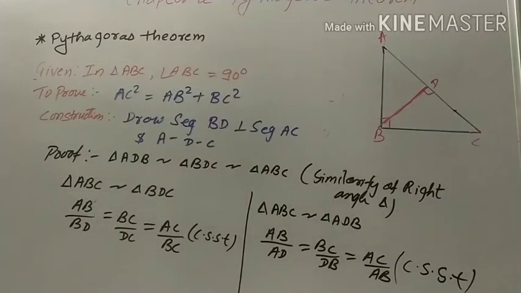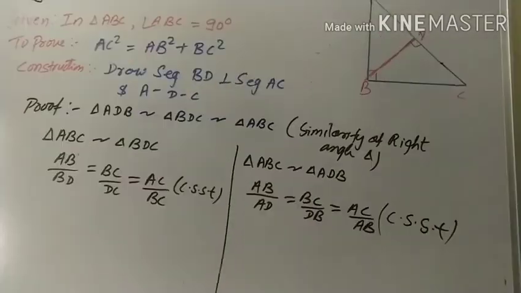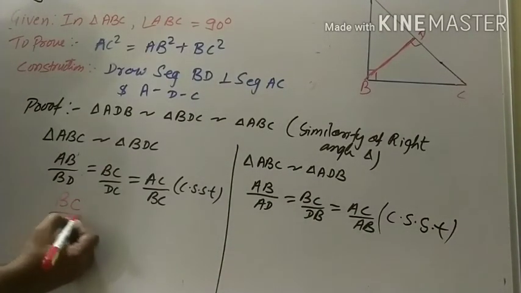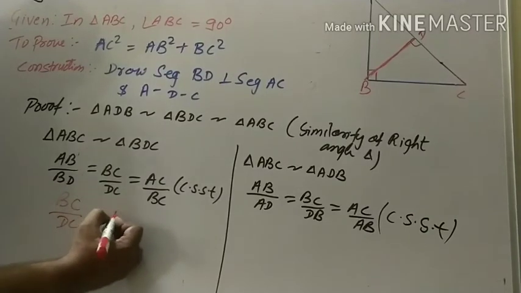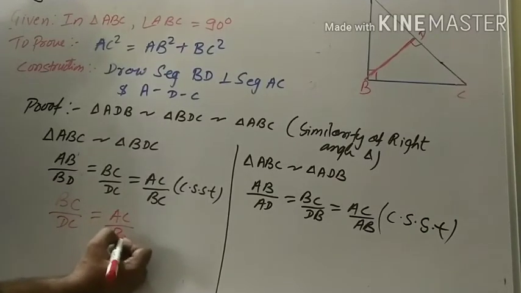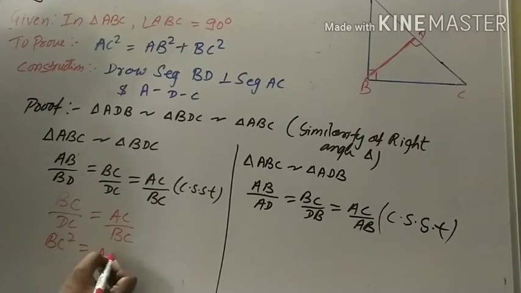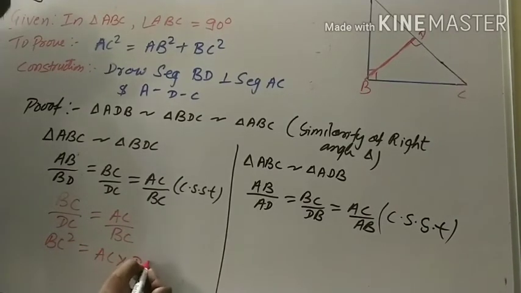Now we take BC upon DC is equal to AC upon BC. So BC square is equal to AC into DC.